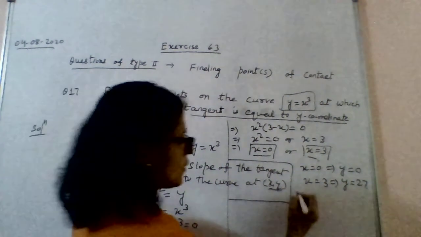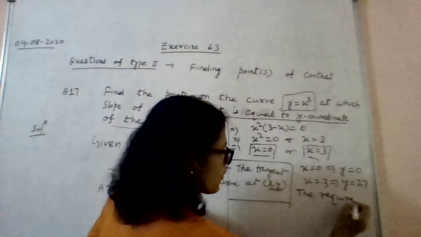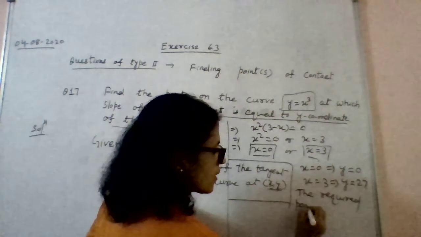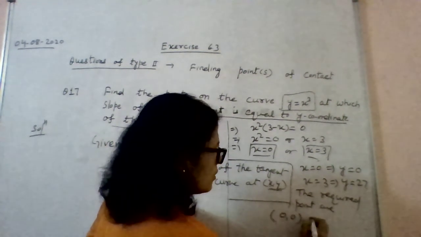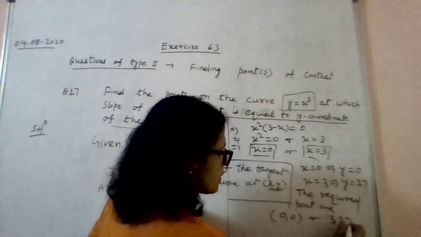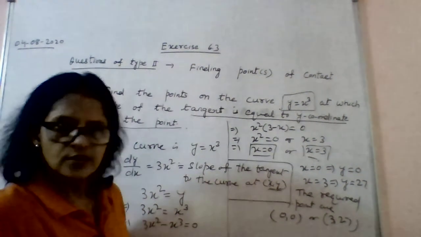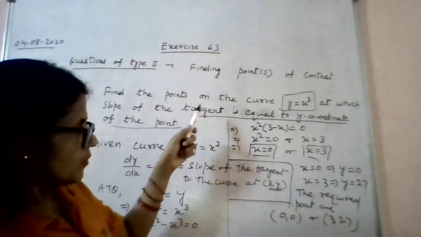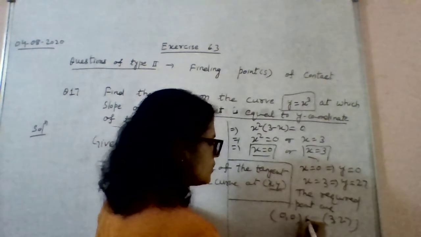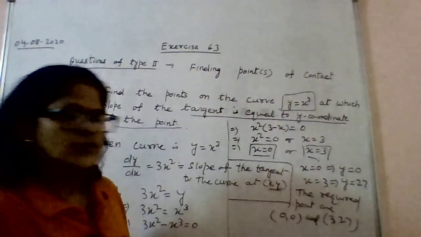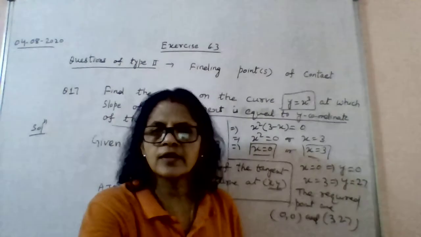So the required points are (0, 0) or (3, 27). If you go back to the question, find the points on the curve, so you can write (0, 0) and (3, 27). These are the points of contact for the given curve.